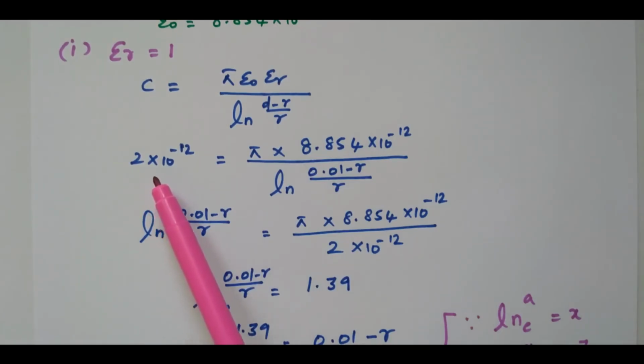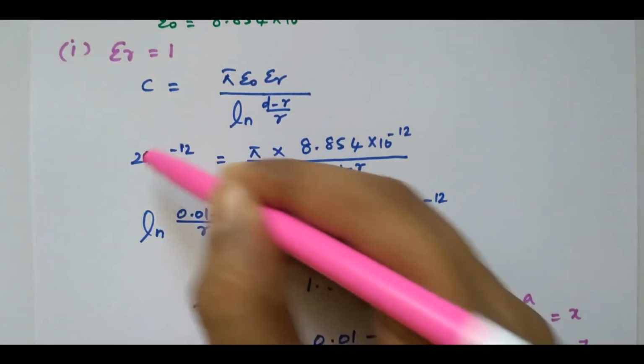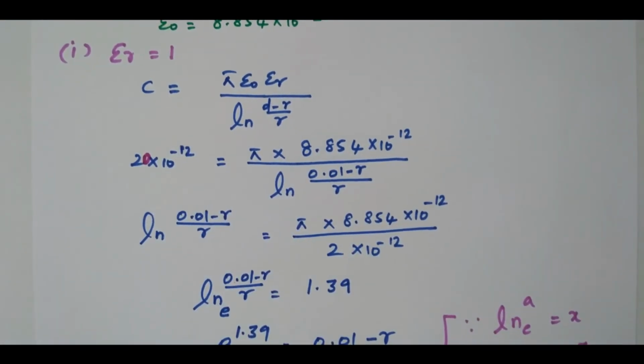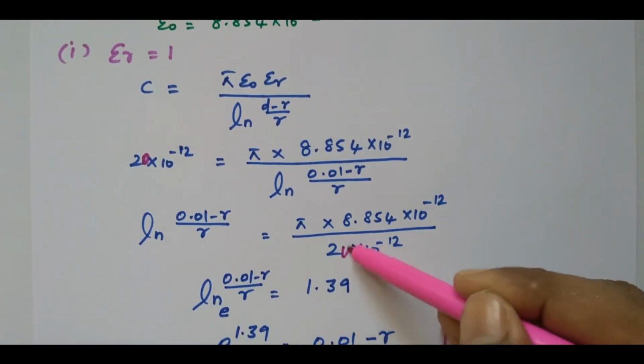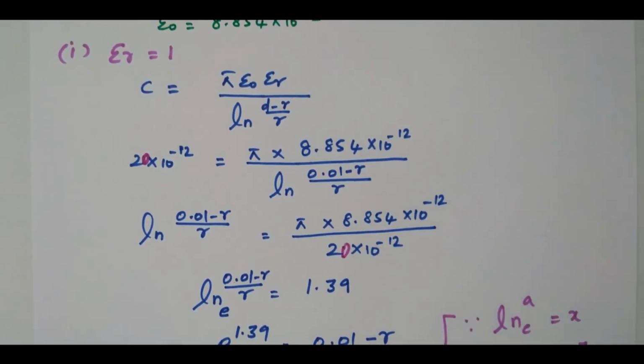20 into 10 to the power minus 12 farad, right? It's not 2, it's 20. 20 into 10 to the power minus 12 by epsilon naught is 8.854.